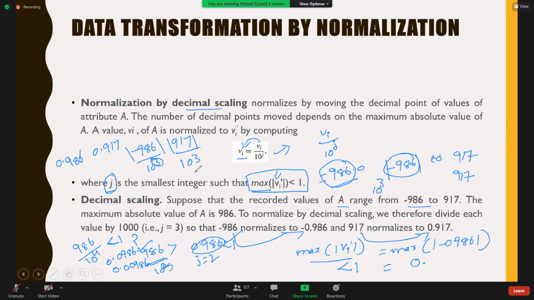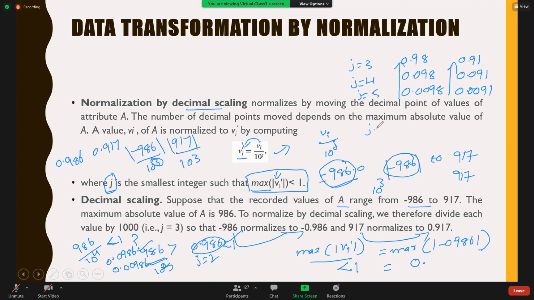So in our case, if you select j as 3, you will be getting 0.98, 0.91. If you select j as 4, you will be getting 0.098, 0.091. If j is 5, you will be getting 0.0098, 0.0091. Okay. So what is the greatest number among all these?